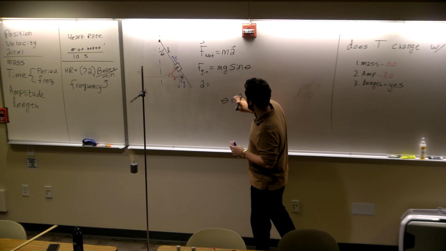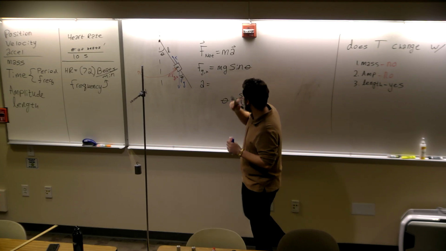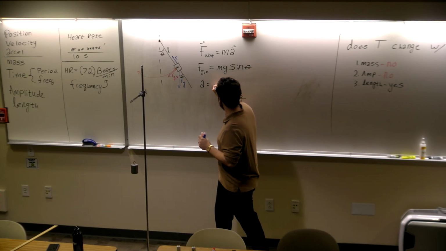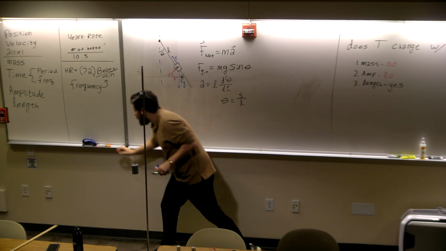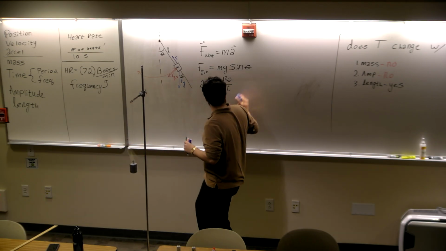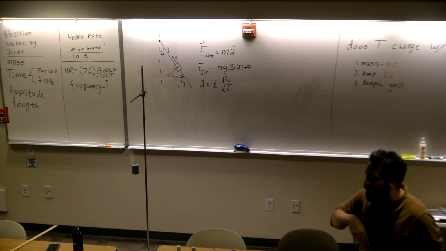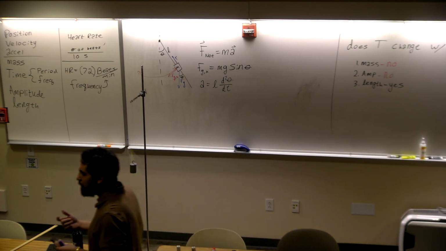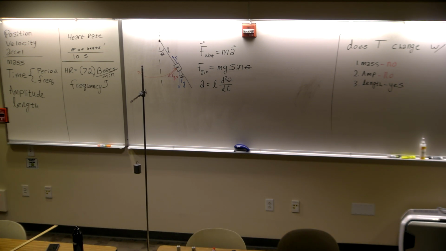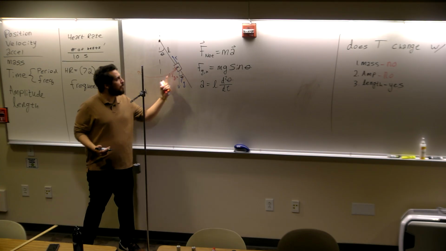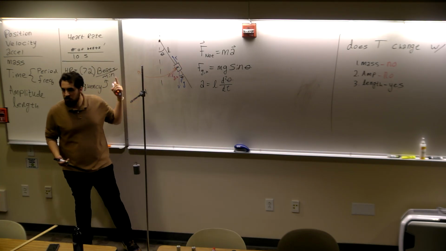So if we want to know about acceleration, we would write it as being length times the second derivative of theta with respect to t. This goes back to the angular motion that we were dealing with a long time ago, where we defined alpha to be d omega dt, and omega to be d theta dt.